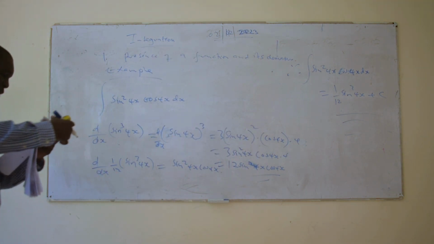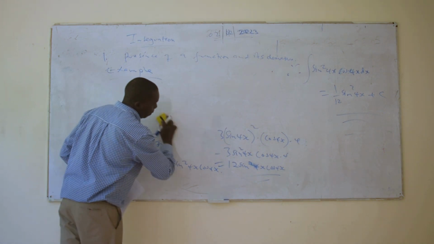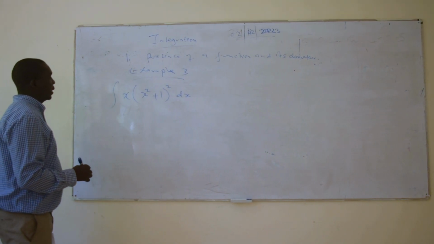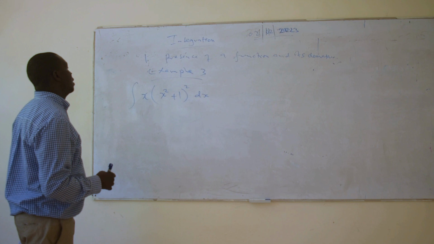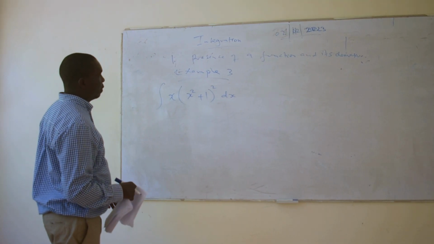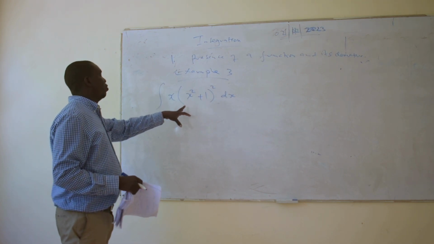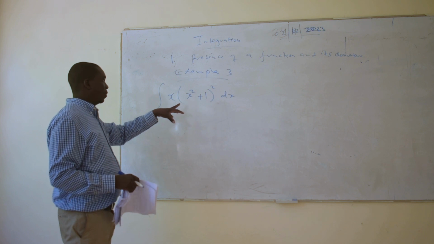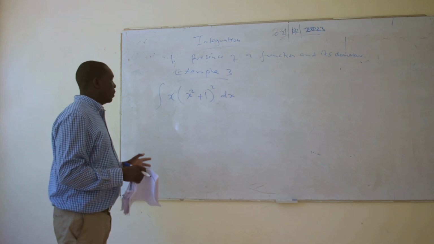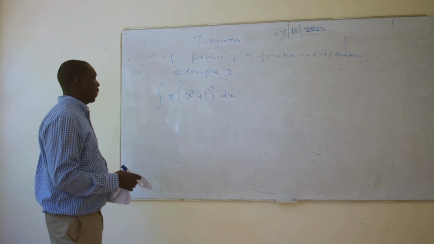Let's look at another example. Example 3. Integrate x (x squared plus 1) raised to the power 2 dx. Now this also has a presence of a function and its derivative, because if you differentiate the term inside the bracket, you will have 2x, while outside the bracket you have x, which is the constant term, and therefore we employ the technique of presence of a function and its derivative.